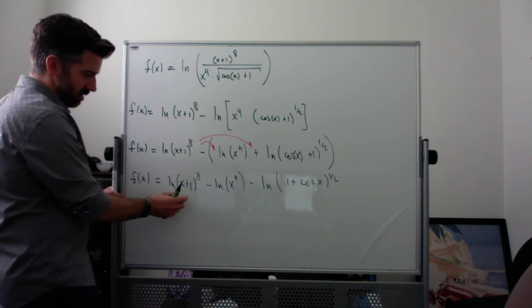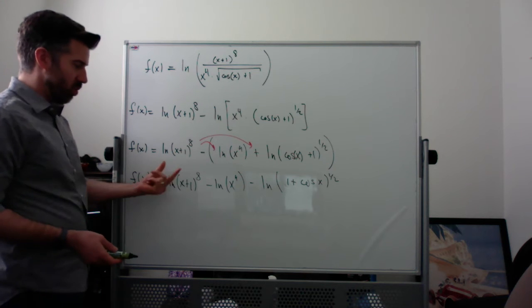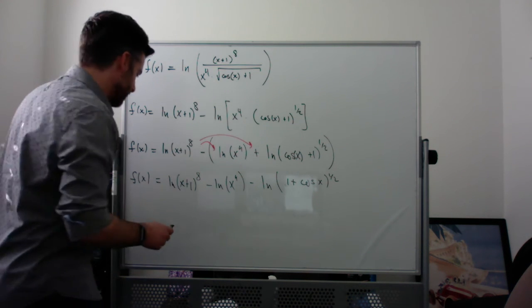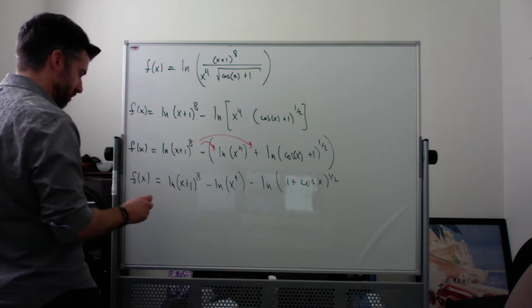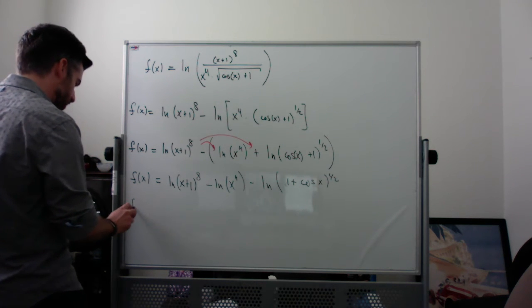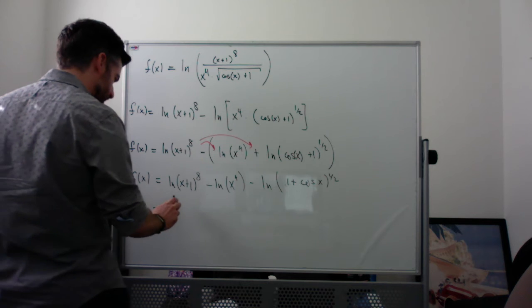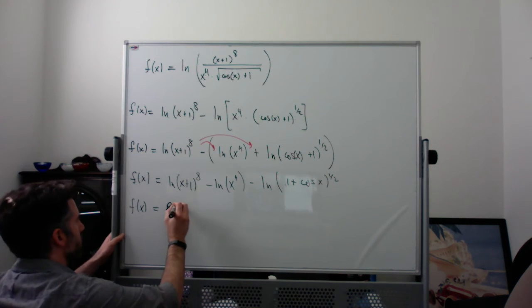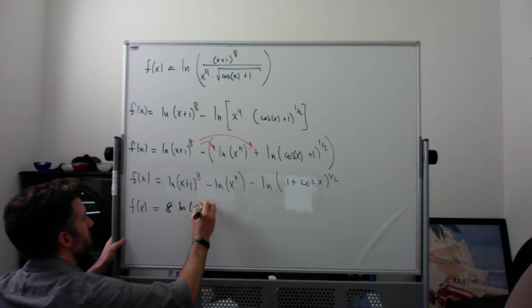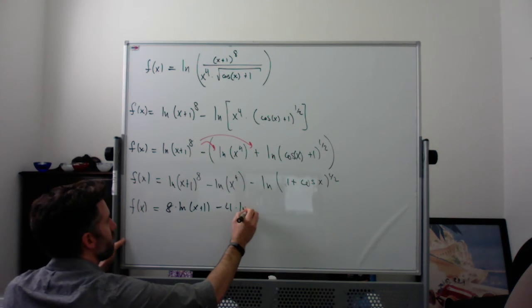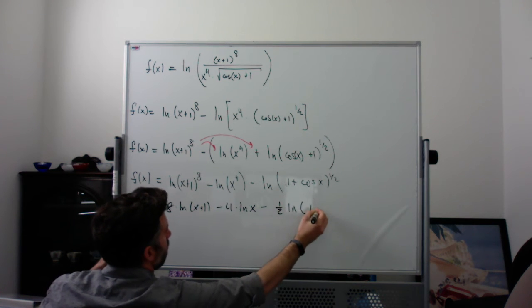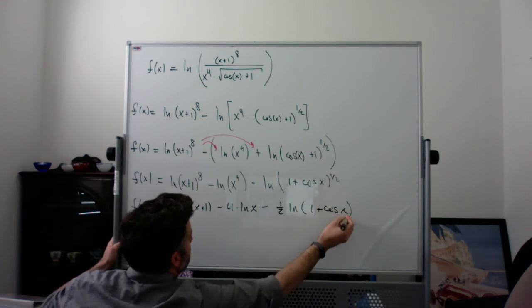If you do the derivative of natural log of x plus 1 to the 8th, it's 1 over all that stuff times the derivative of that stuff, and you have to use the chain rule. Instead, I would rather say this is 8 times the natural log of x plus 1 minus 4 times the natural log of x minus 1/2 times the natural log of 1 plus cosine of x.